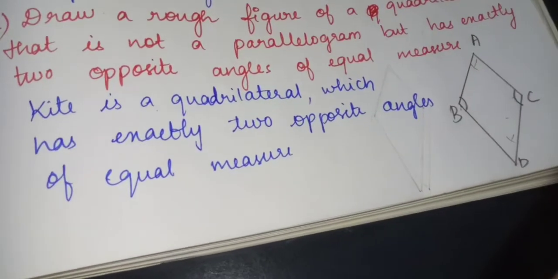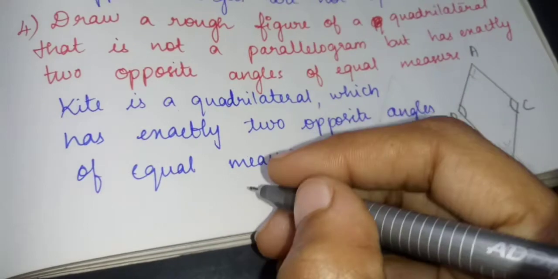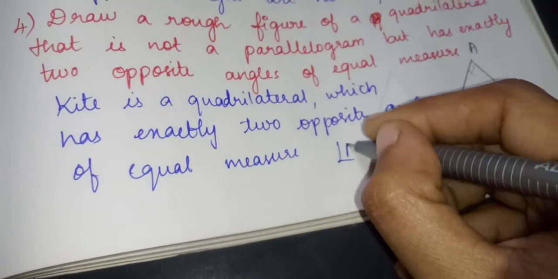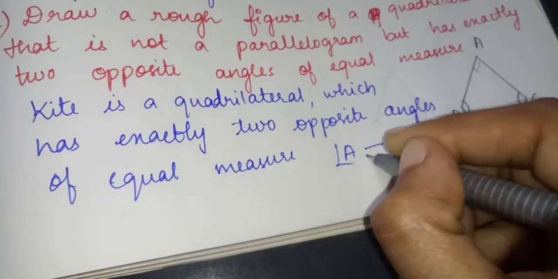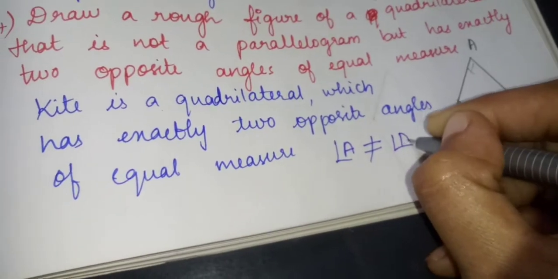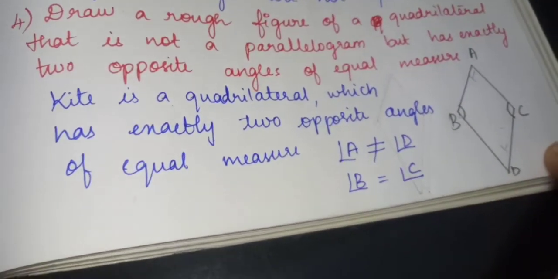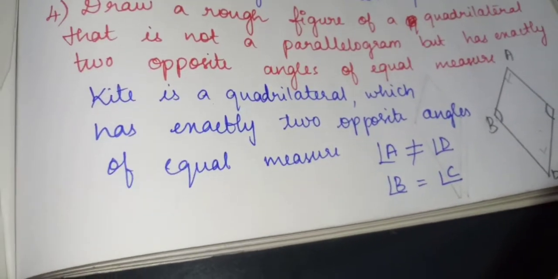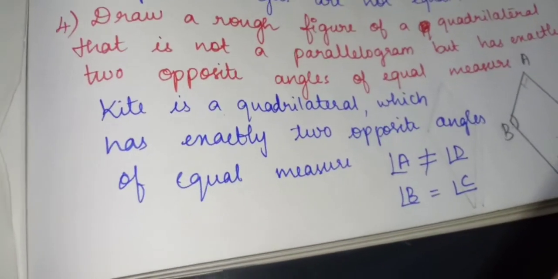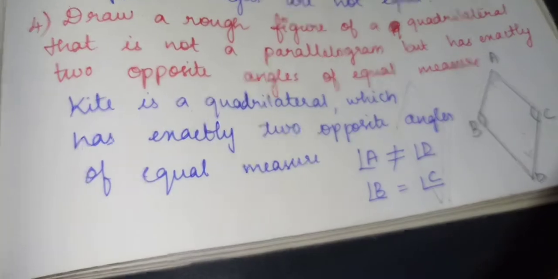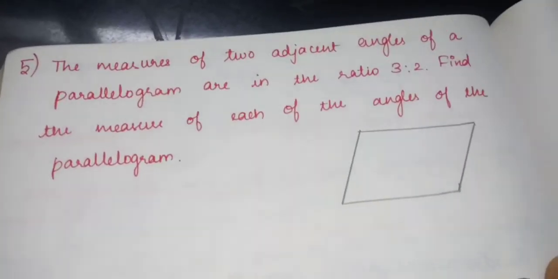Other two opposite angles are not equal. For example, angle A is not equal to angle D, angle B is equal to angle C. Okay, two opposite angles are equal, so it is not a parallelogram. Understood?